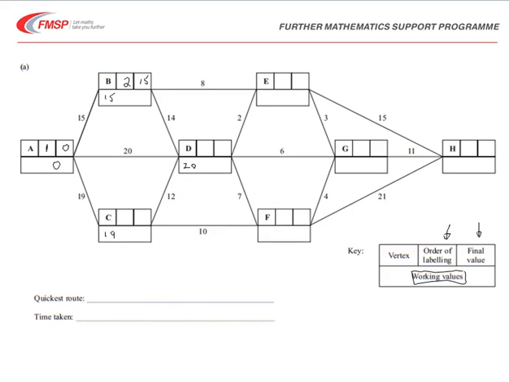From that point we look at those that can be reached from B, so that's D and E, and update the working labels in those points. For E the total of 8 plus 15 is 23, and for D it's 15 plus 14, which is 29.